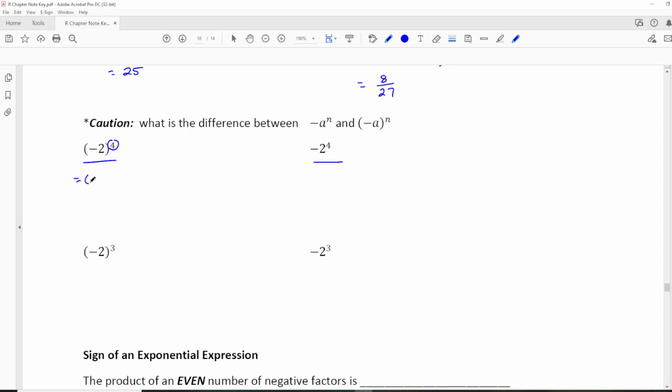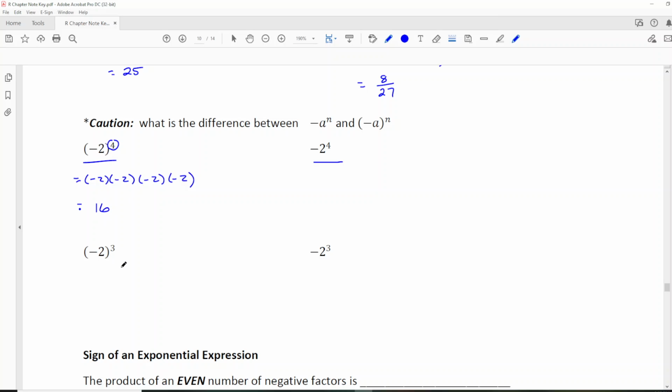So this would be (-2) times (-2) times (-2) times (-2). Because the exponent 4 is touching the bracket, the entire bracket gets multiplied together. So we've got a negative times a negative, which is a positive, times a negative, which is a negative, times a negative, which is positive. So 2 times 2 is 4, times 2 is 8, times 2 is 16.